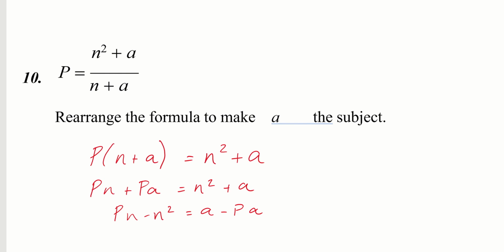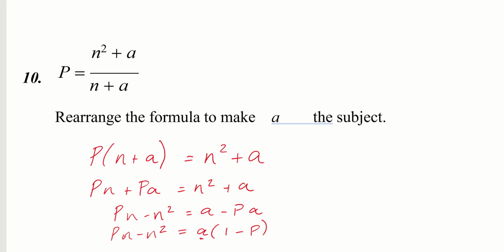Alright, so this time, and again, you will get the same answer no matter what side you throw everything on, as long as you're doing the right sign when you do take it to the other side. So I've thrown everything over the left and I put my A terms on the right. So now, factorize.